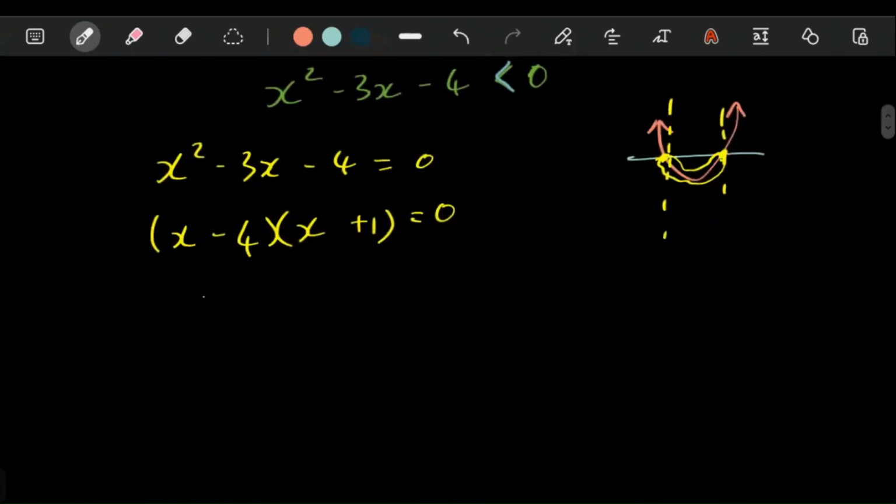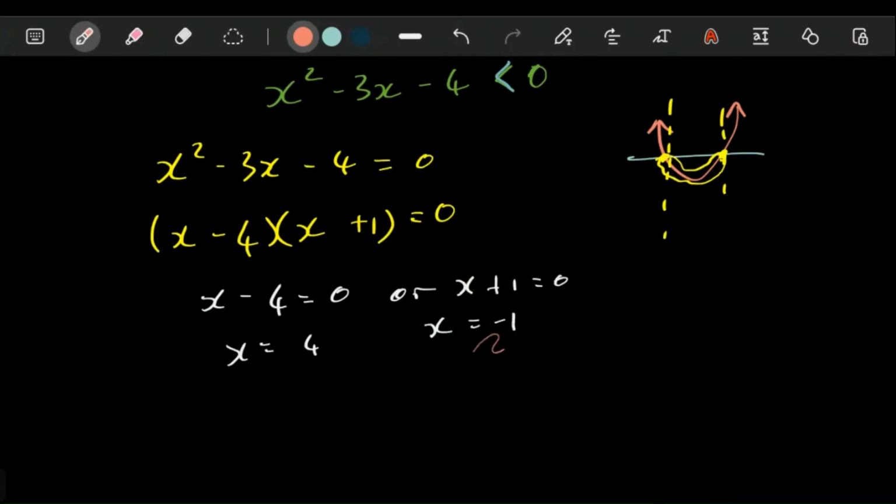So here, x is equal to, you're going to have x minus 4 is the first bracket, and then here x plus 1 is the other bracket. So here you're just getting your critical values, your values that are going to help you answer your question, you see. So here what you know is now on the left side, the far left here, you have an x value of minus 1.